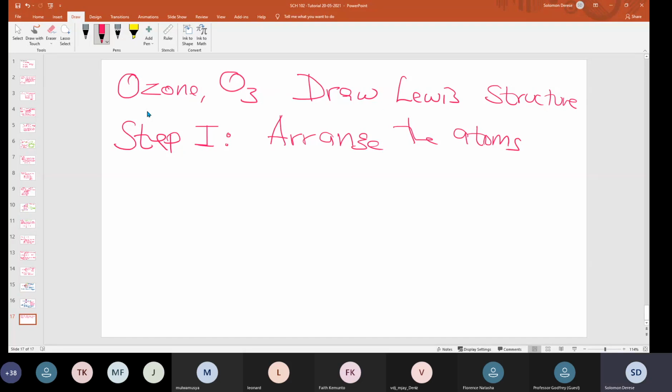In this particular molecule, we have 3 oxygen atoms, and these 3 oxygen atoms in ozone are joined to one another linearly. It is not a cyclic molecule, it is an open chain molecule. So we have oxygen here, another oxygen here, and another oxygen here. These are how the atoms are arranged in ozone.